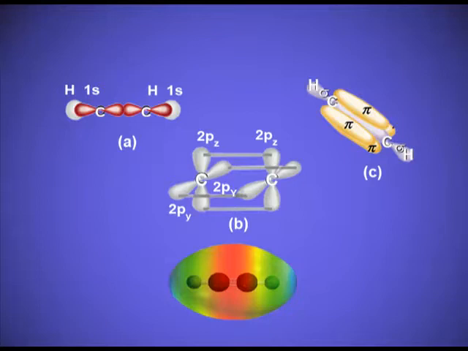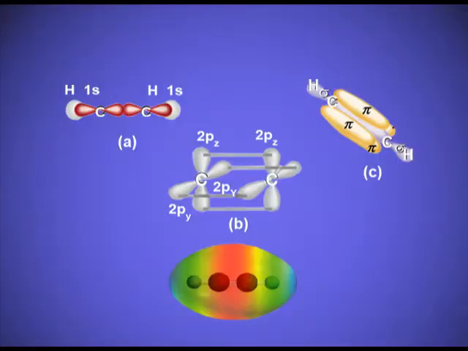Figure B is showing you the sideways overlapping of the p orbitals. The py orbital overlaps with the py orbital because of the same parallel orientation, and the pz orbital overlaps with the pz orbital again due to the same orientation. The py orbital cannot overlap with the pz orbital.